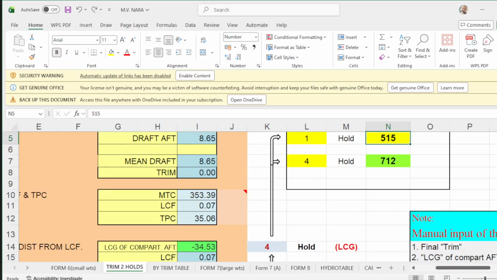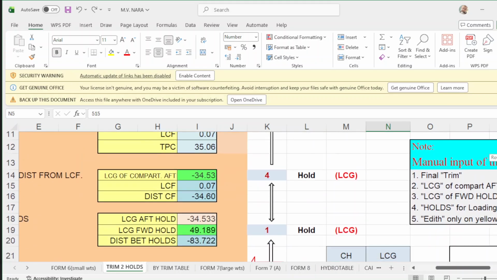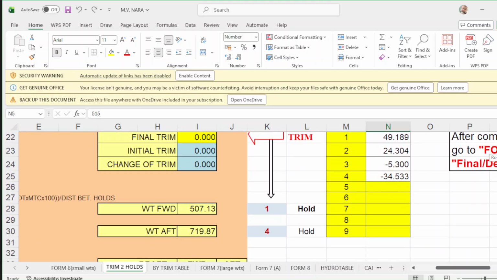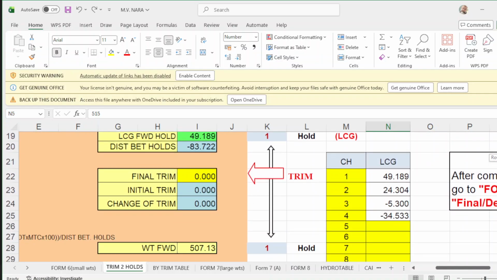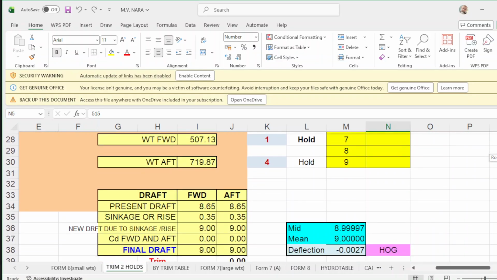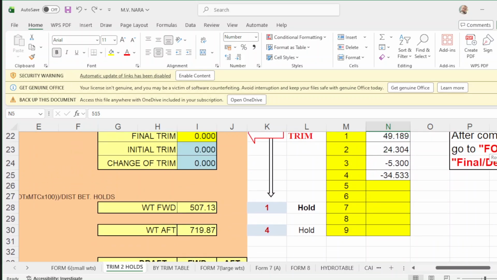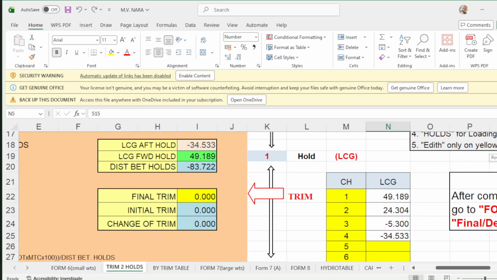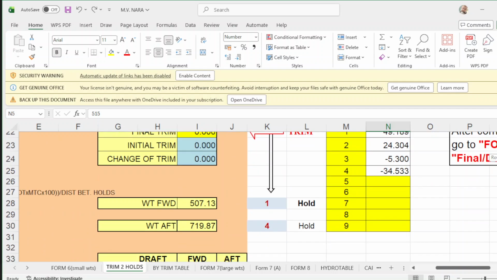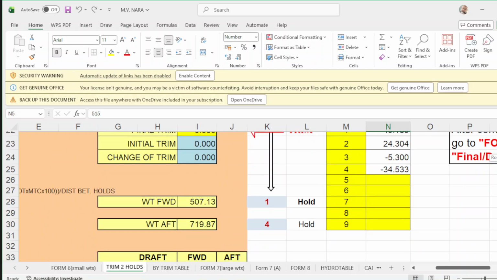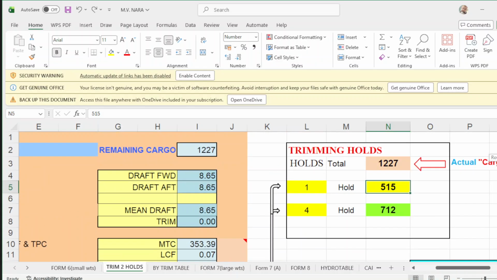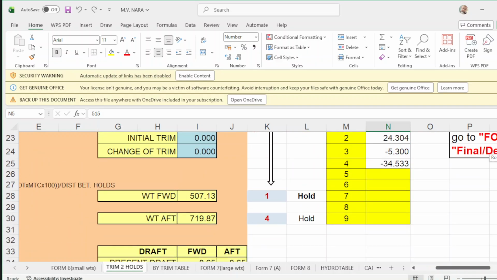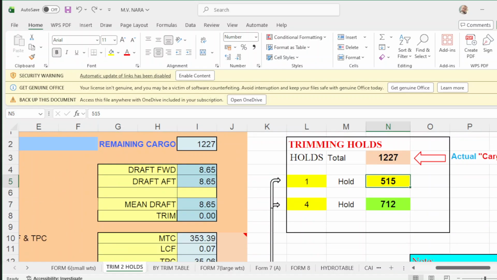Should be 515. Okay, 512. This is 520. Check.